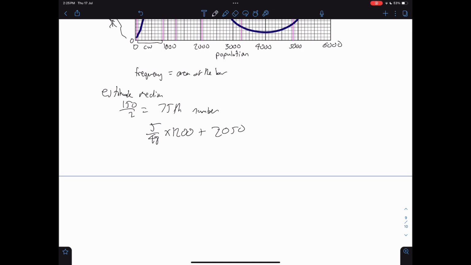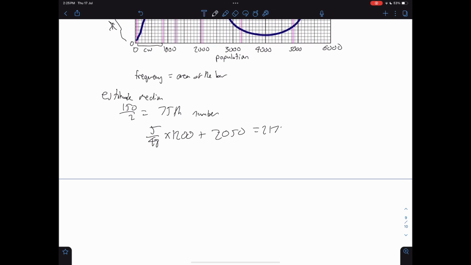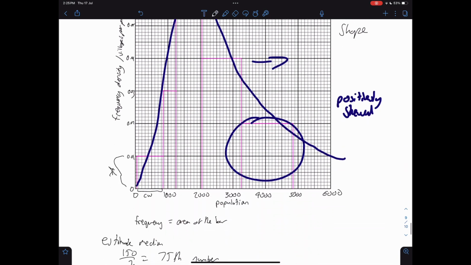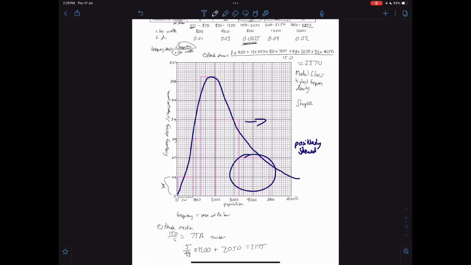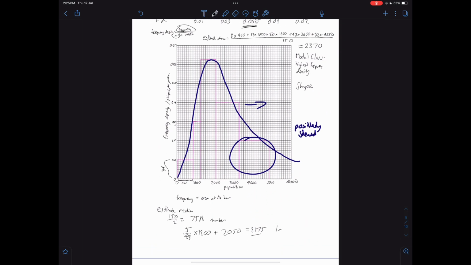And so that gives you 2175. And as we can see, yes, because it's positively skewed, our median is lower than the mean.